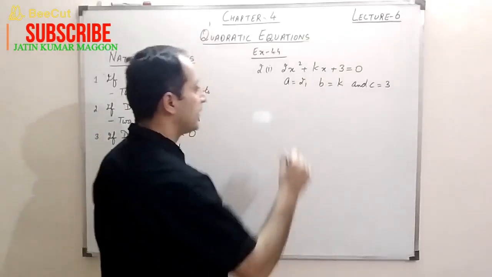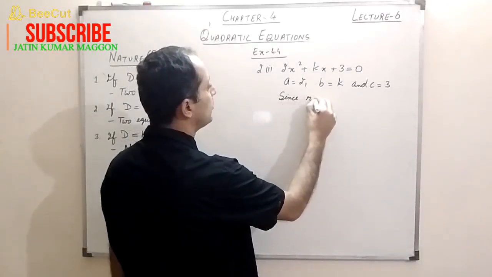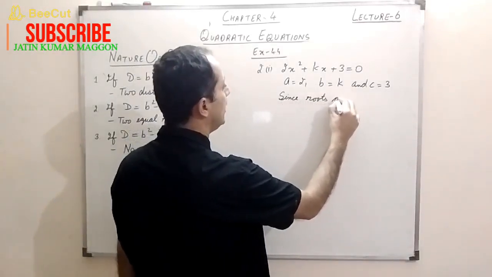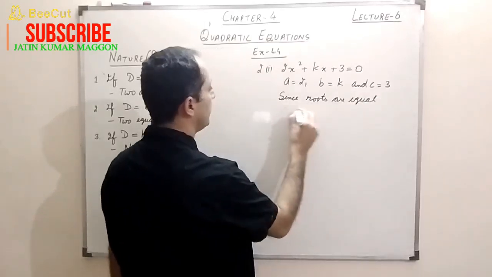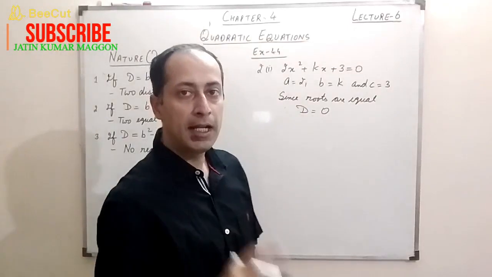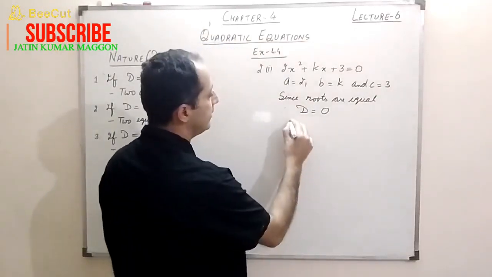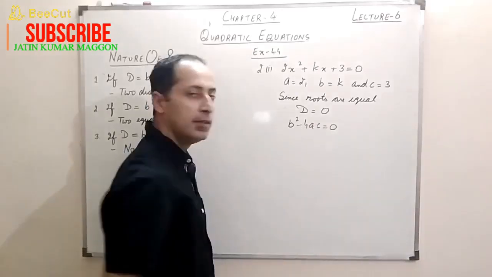It means since roots are equal, therefore D is equal to 0. And what is D? D is b square minus 4ac equal to 0. Right?